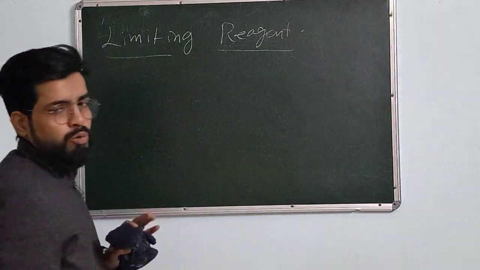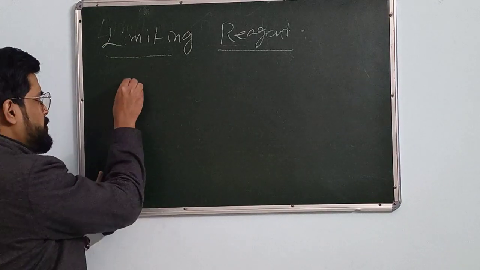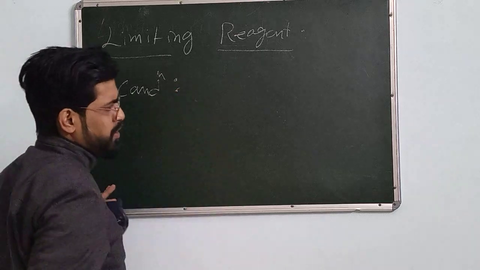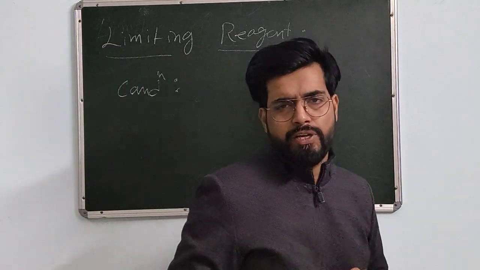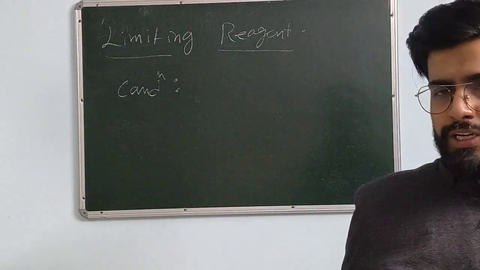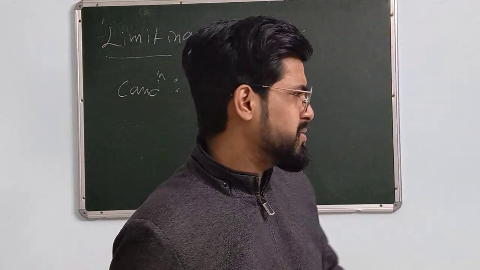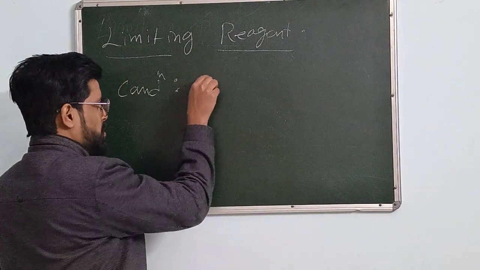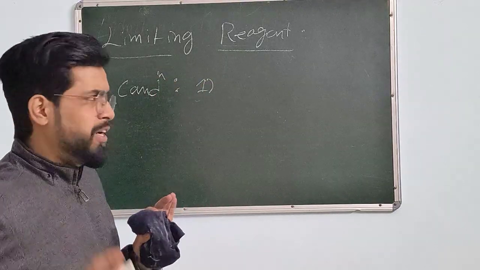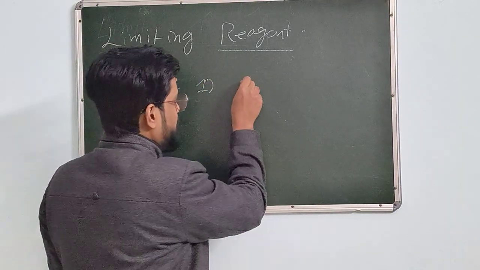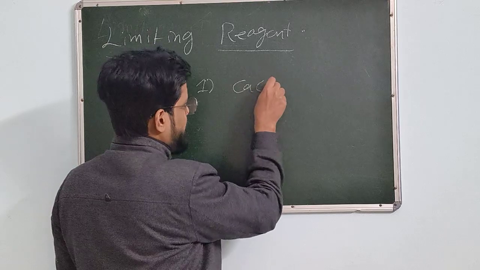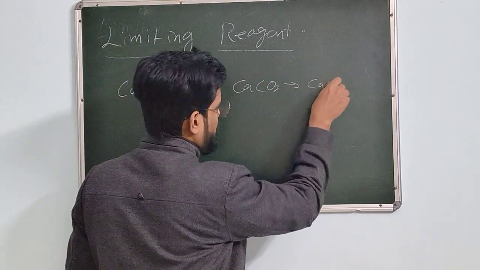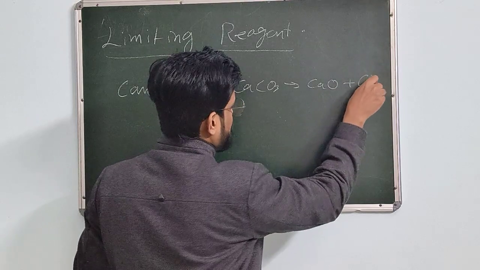Okay, so what are the conditions? Through this you can identify whether the problem is related to stoichiometry or the limiting reagent. The first condition is if only one reactant is given, for example, calcium carbonate dissociates into calcium oxide and CO2.